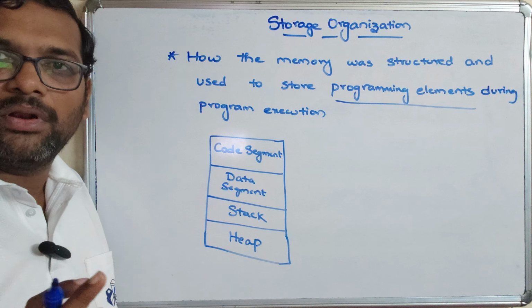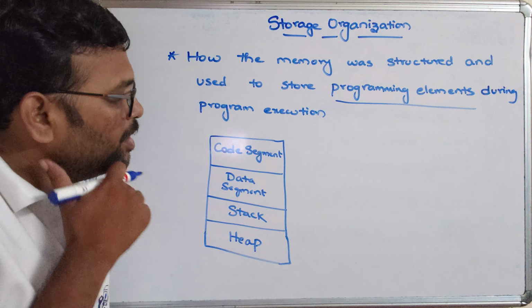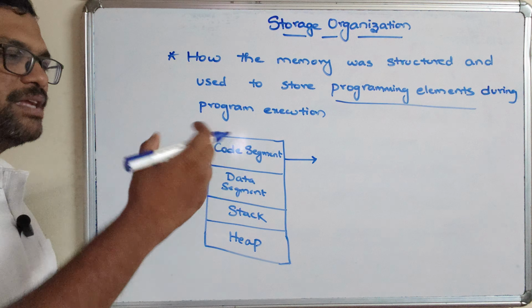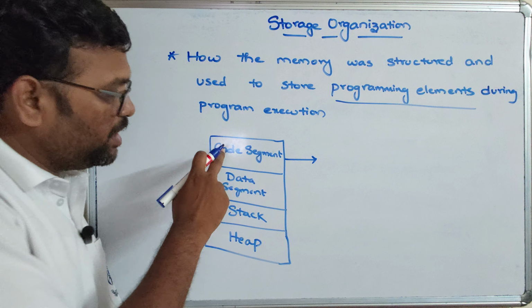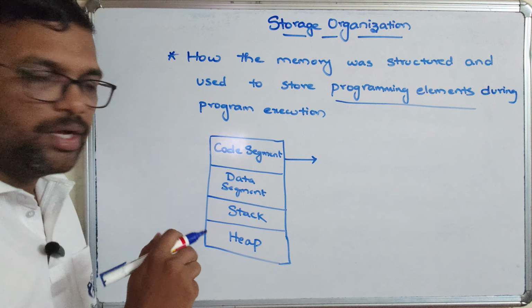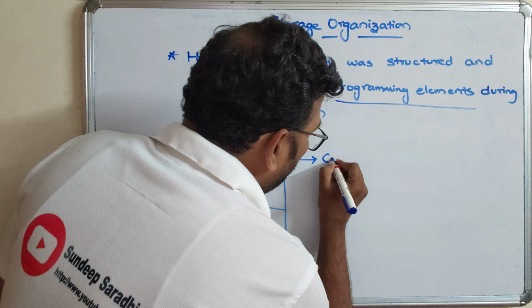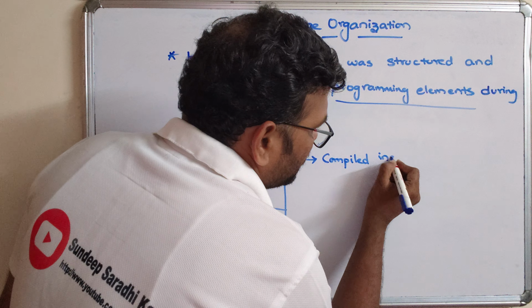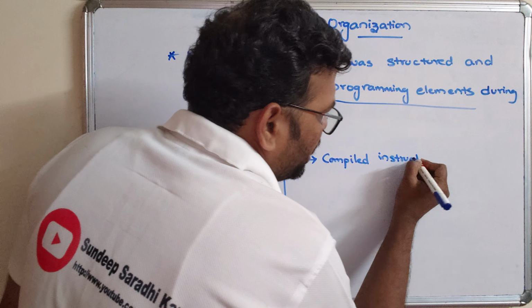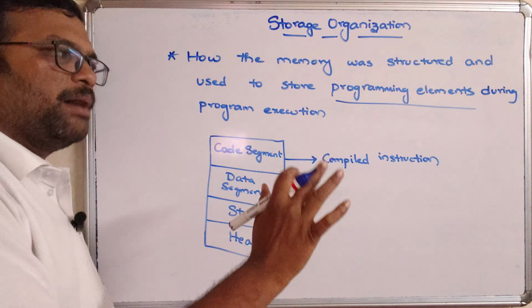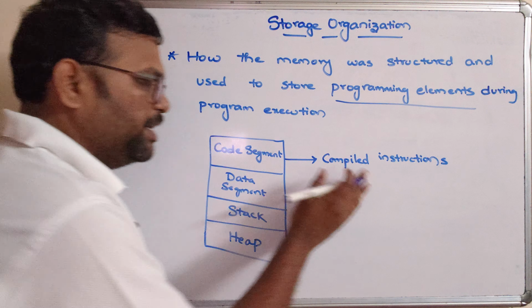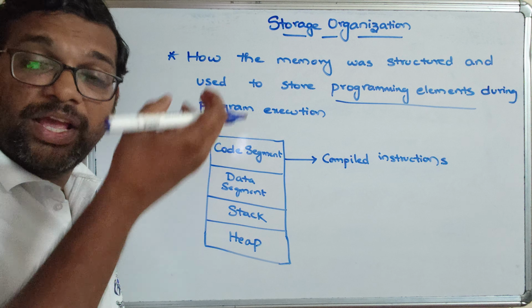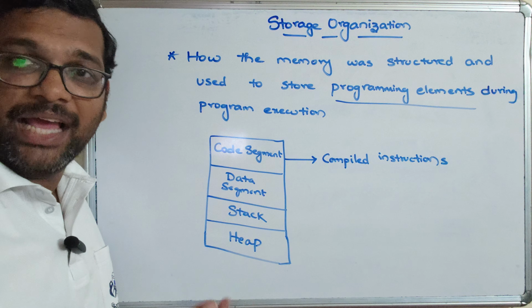Coming to the code segment, what kind of things will be stored in the code segment? The name itself indicates it is code. All the compiled instructions, whatever instructions are compiled, will be stored in this code segment. For example, let us take C language.